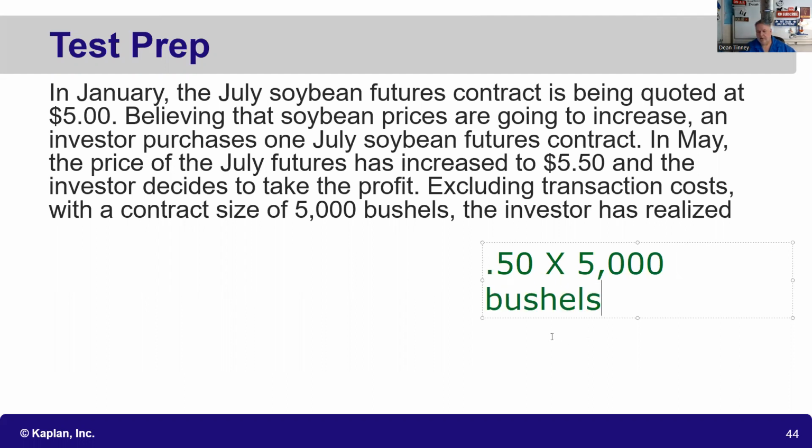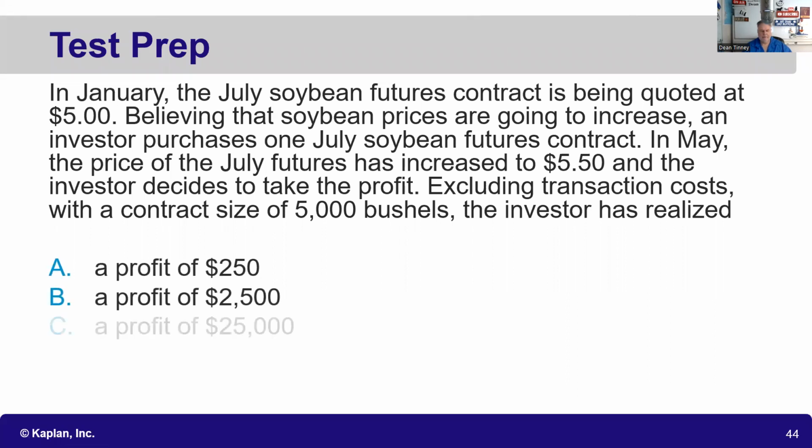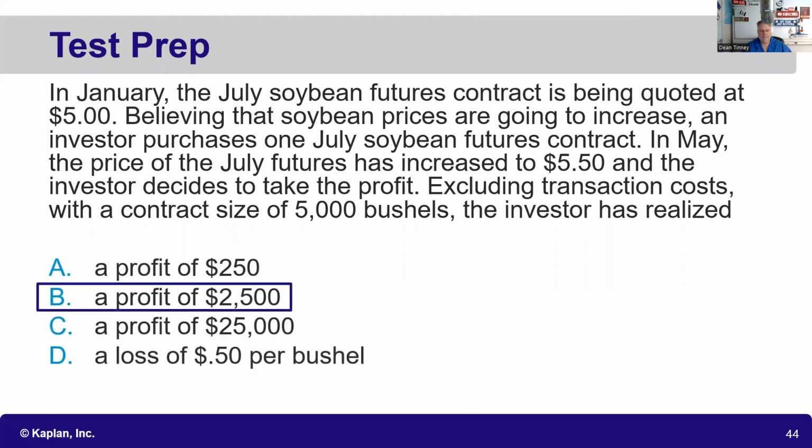I think if I do that on my calculator, I'm going to get one of these answers. So 50 cents times 5,000, I'm looking for $2,500 as my gain. All right, let's see if that answer is available to me. $250? No. There, ding, ding, ding.